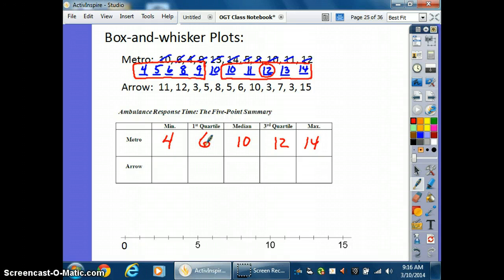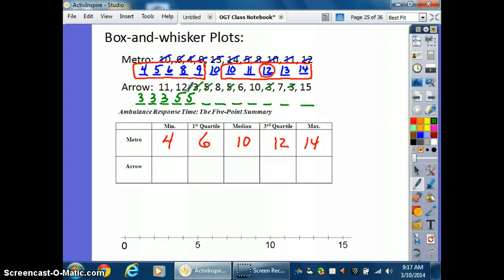Now the next one. Okay, this one has an even amount, and there are 12, I think. 10, 11, 12. Okay, and I think there are 3, 3, 3, and then 5, 5. I thought there was another 5. Okay, I guess not.